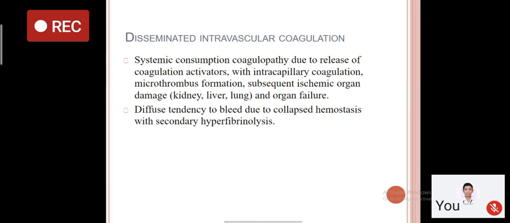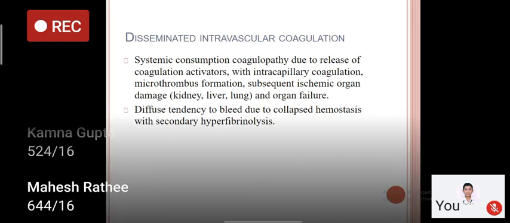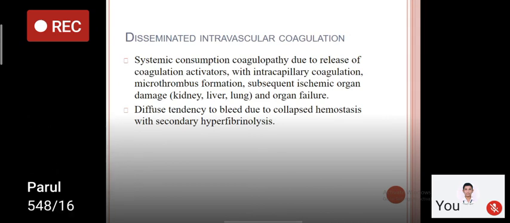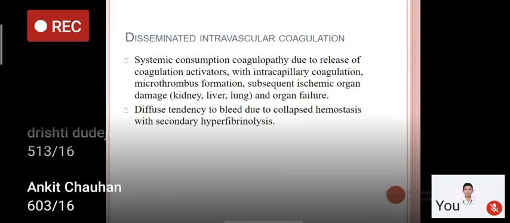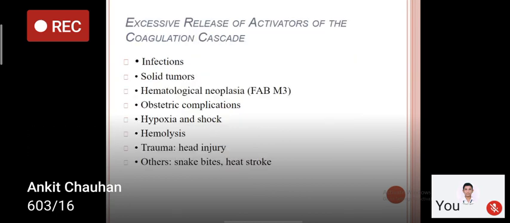So there are evidences of thrombosis in the minor blood vessels and capillaries, along with the evidence of hemorrhages. So, leading on to the ischemic organ damage, and the patient ultimately goes into multi-organ failure, and the child or the patient might collapse.